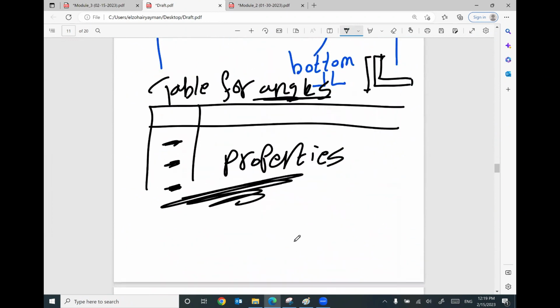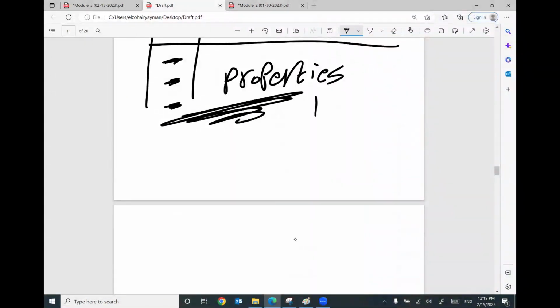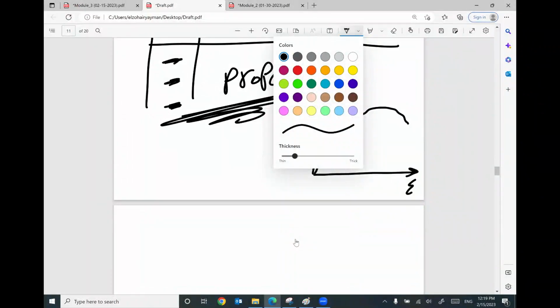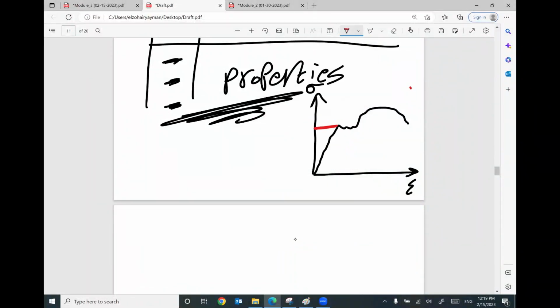Everybody, you are aware that for any steel material, we have a stress strain curve. This stress strain curve looks like this. If you are talking about yielding, this is the value of F yield. And the highest value here is called F ultimate.